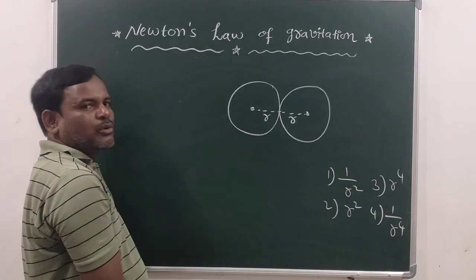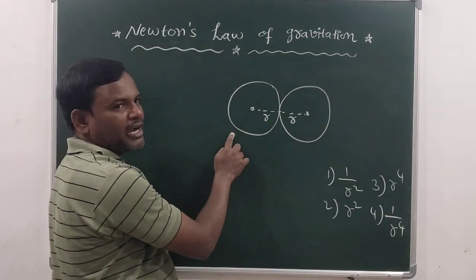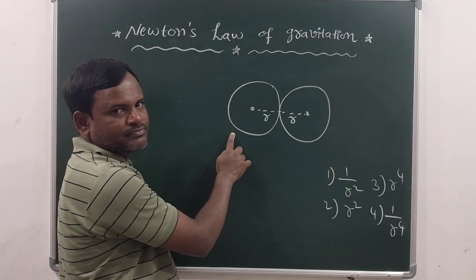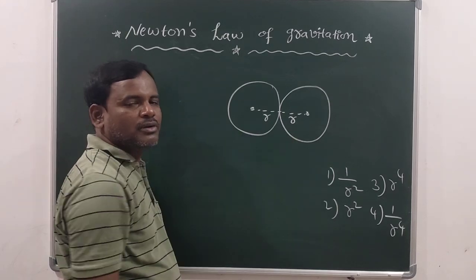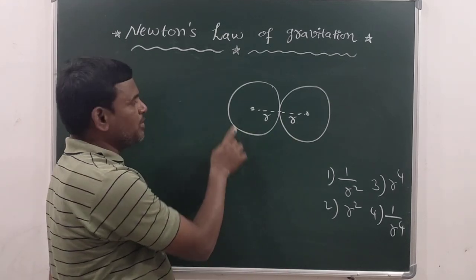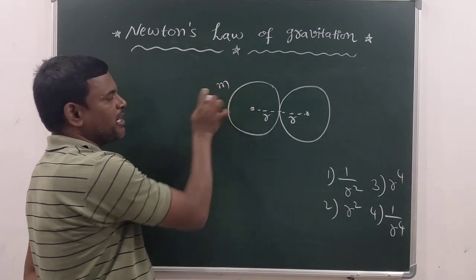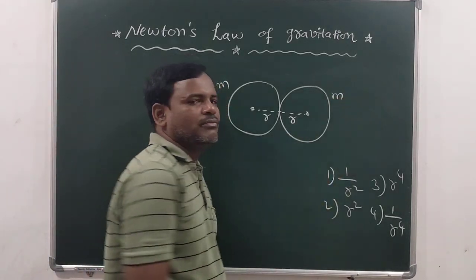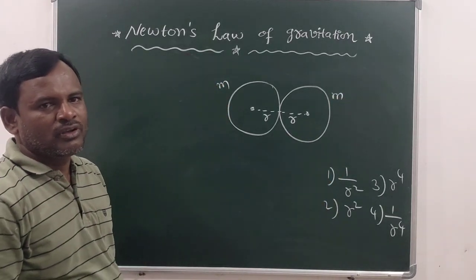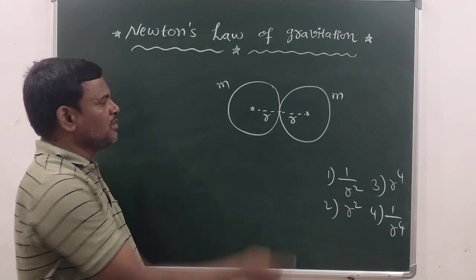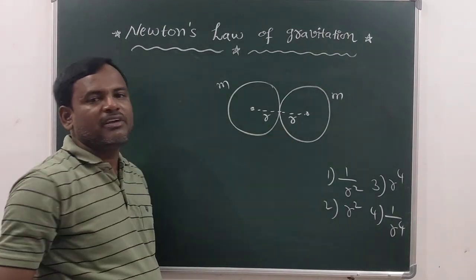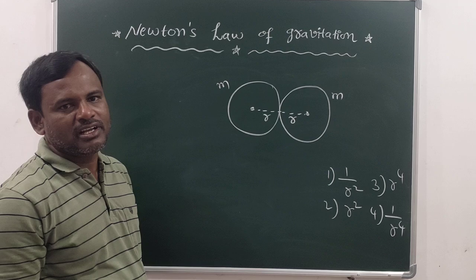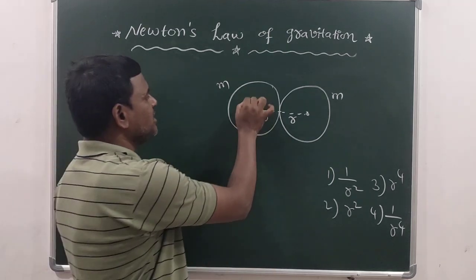See, you don't know the mass of this identical sphere. Here, if you take the mass of this identical sphere as m, then the other mass will also be m only. You know students, both are made with the same material. Hence, the density will be the same.